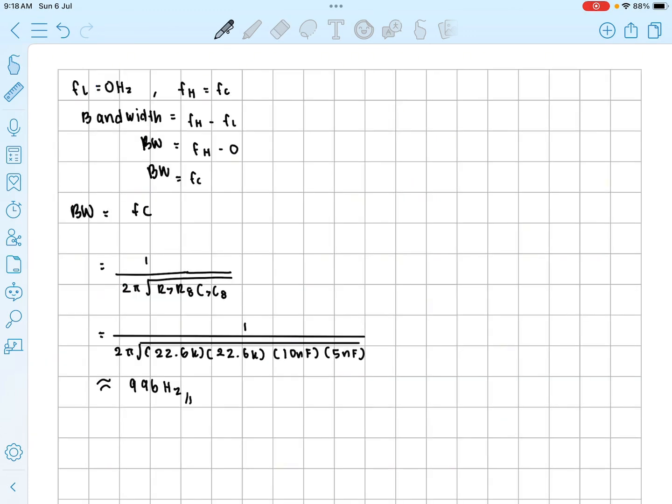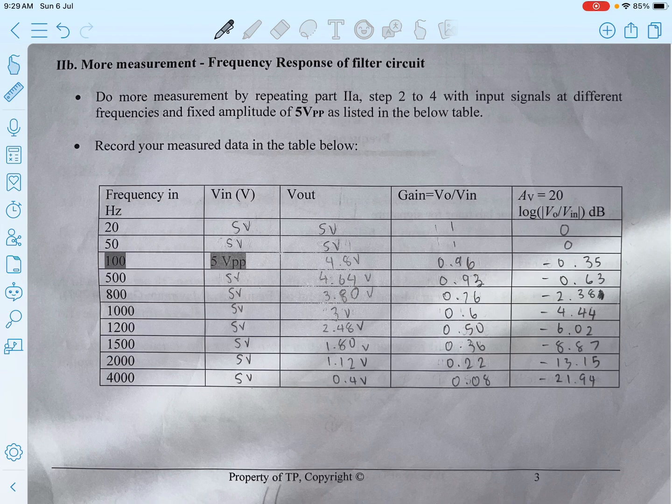Since the lowest frequency that can pass through a low-pass filter is 0 Hz, the bandwidth of a low-pass filter coincides with its cutoff frequency. Therefore, the bandwidth is 996 Hz, which can be found using this formula. Based on this table, when the frequency is below 100 Hz, the filter is at unity gain. However, when the frequency is at 100 Hz and above, gain and output voltage will decrease.